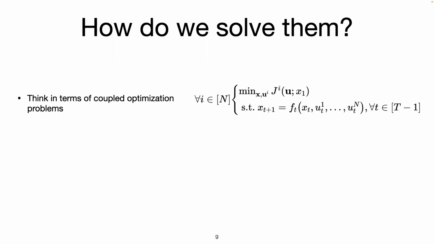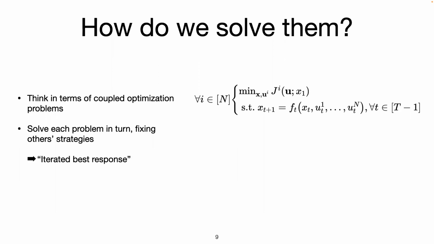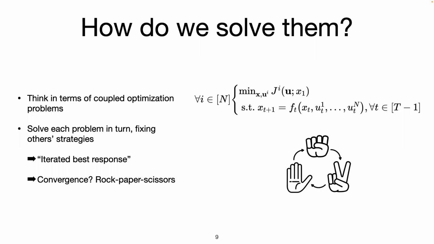So the first thing to think about is you could try to solve for each player's problem in turn, and just choose some arbitrary inputs for the other players and fix them to what they wanted to play last time it was their turn, something like that. This is an old idea. Iterative best response has been around forever, and you can think about rock paper scissors.